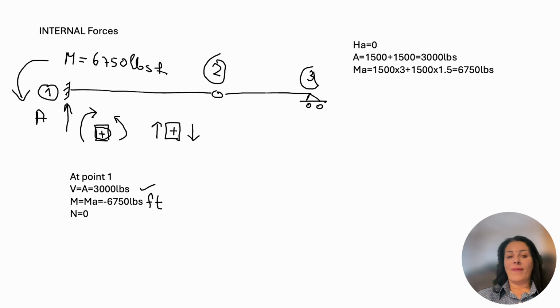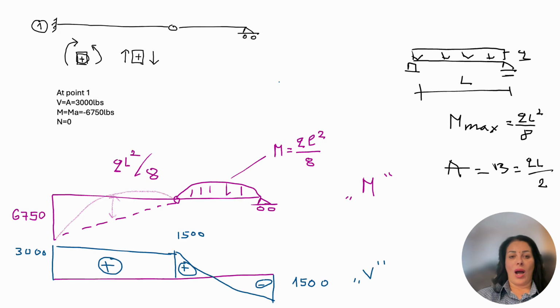At point C, we will have the reaction at point C. Again, the reaction is along the Y direction, but shear at this point is positive if it is going down. So that means we will have negative shear, which is 1,500 pounds. So what do our diagrams look like? At point 1, we have 6,750 pounds-feet. Then we have a 0, so we connect the two.